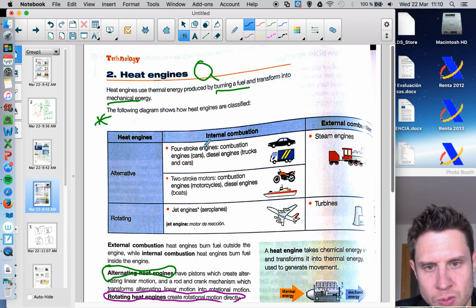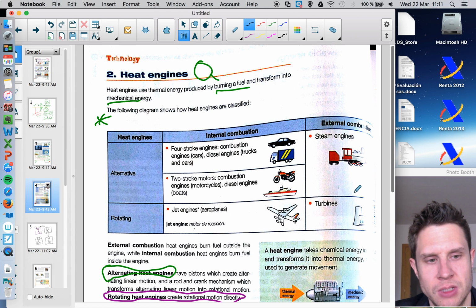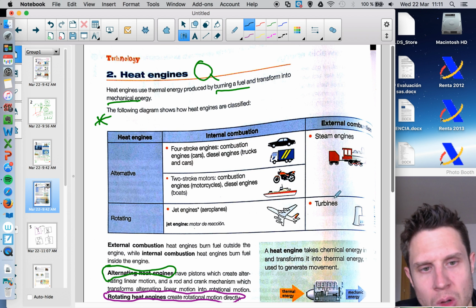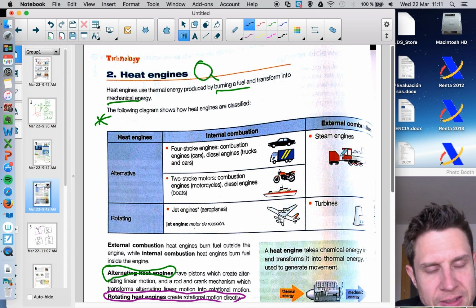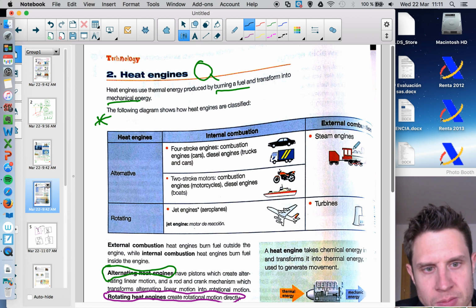In internal combustion we have an engine where we burn the fuel, and then we have a movement. In external combustion, we don't have an engine. If you remember, when you have a steam engine in a train, they put coal in a kind of fireplace, and then we heat the water, and the water is moving the wheels, the transmission from linear to circular.